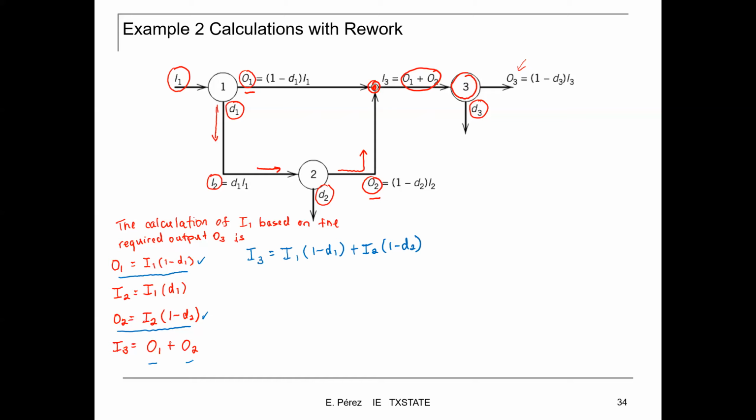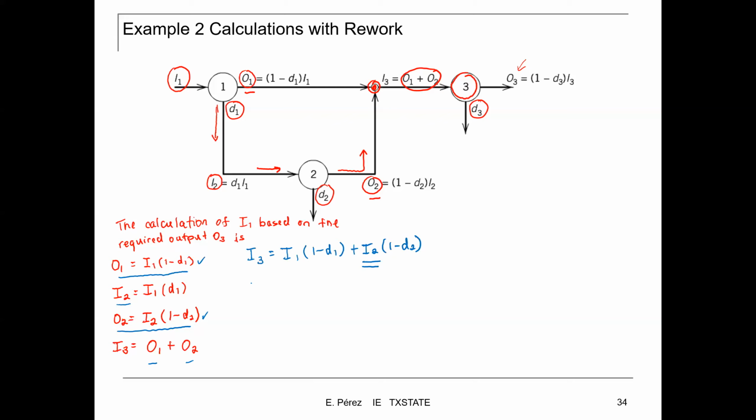Okay, so the information that we know is the defect rate, and we also know the output 3. That's the information that we have. So we have to generate an expression that will be stated in terms of the D's and in terms of O3. Okay. So we also have some information about I2, right? We know this expression.